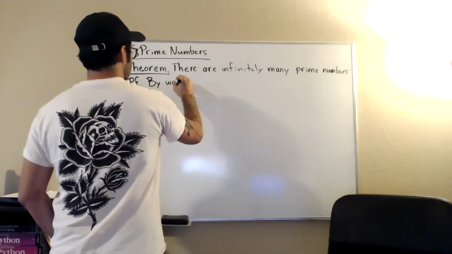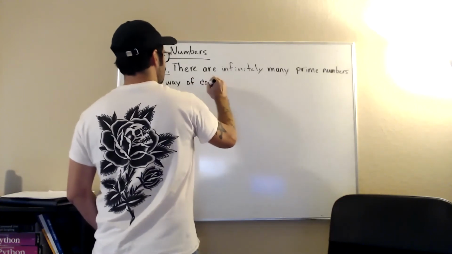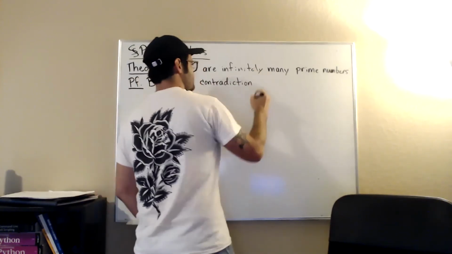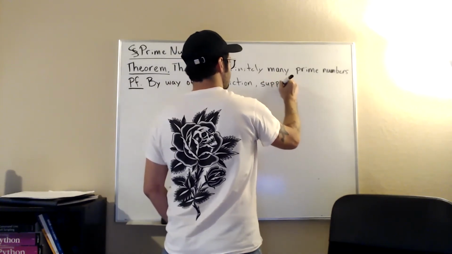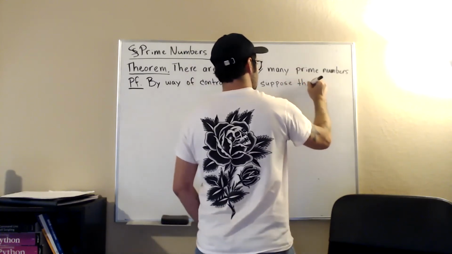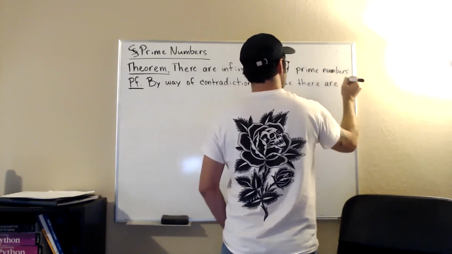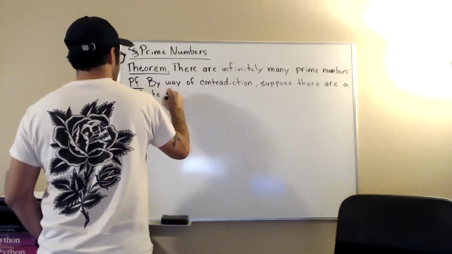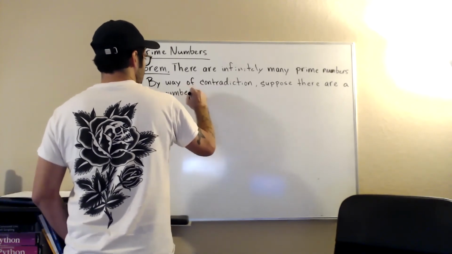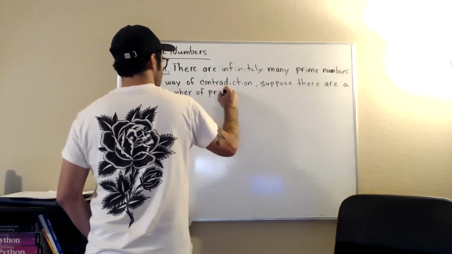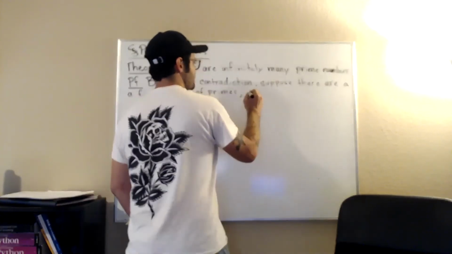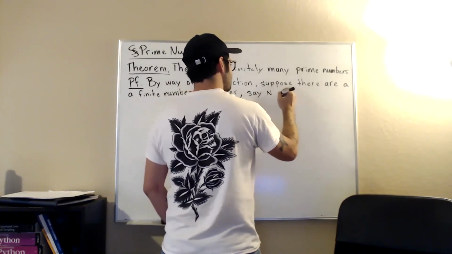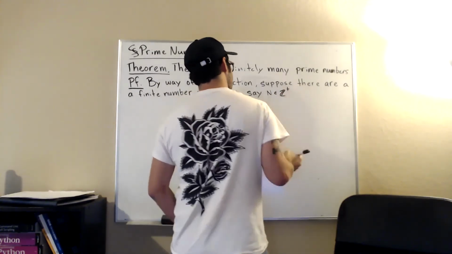So by way of contradiction, suppose there are a finite number of primes, say, I don't know, n of them.